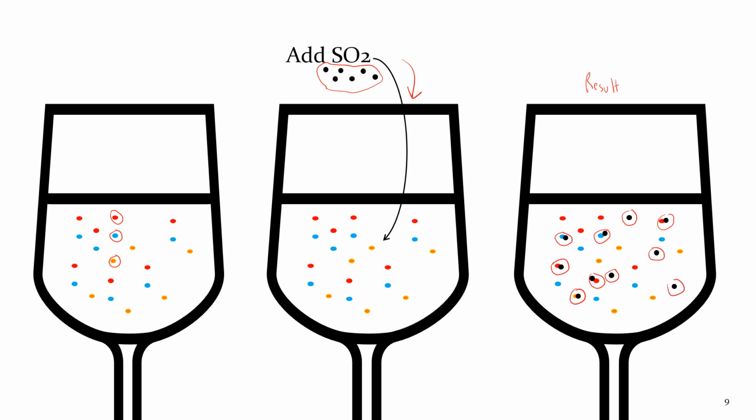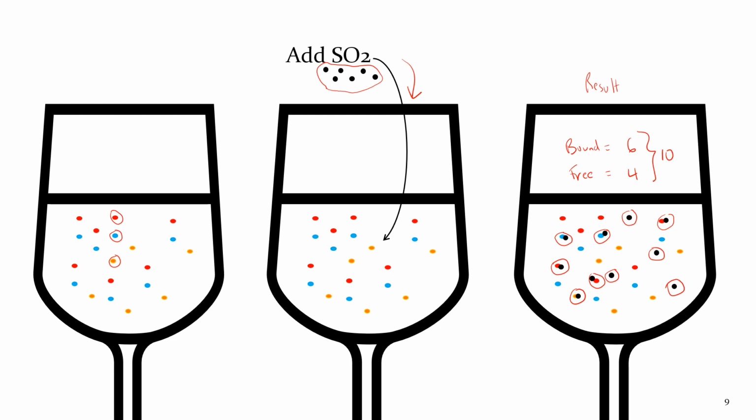So it looks like here we have bound 1, 2, 3, 4, 5, 6, and free is 4. So in this rough example, we had added 10 molecules of SO2, and 40% of them remained free, and 60% became bound.